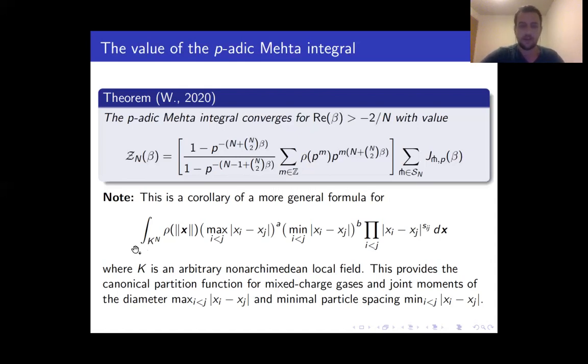And it turns out that if you want to do an integral like this over any of them, or any n-fold copy of them rather, then you actually get a result that's very similar to the one above and implies the one above. On top of that, this max and min inside, those are kind of handy things to add because what you learn by doing an integral with various a and b is you get the joint moments for the diameter of the gas, which is this maximum, and the minimum particle spacing.